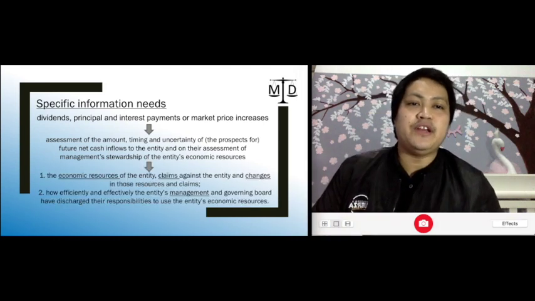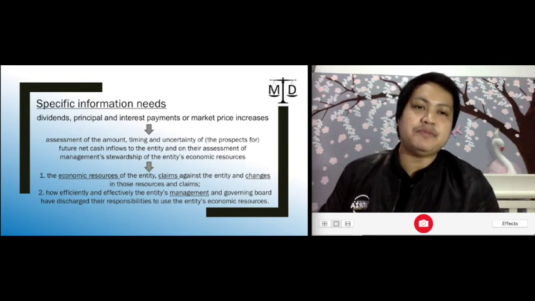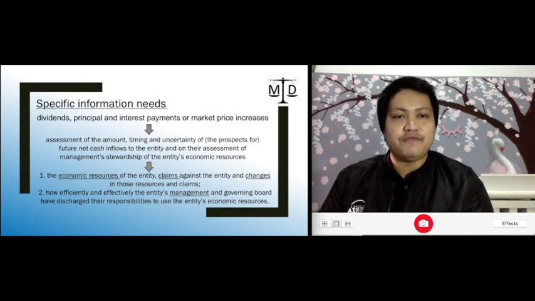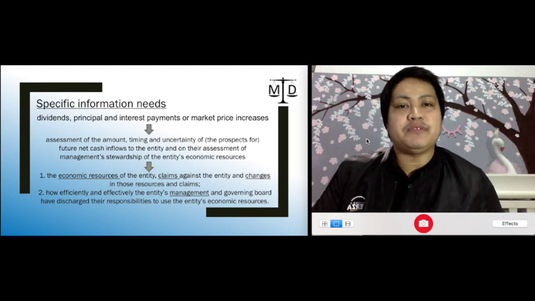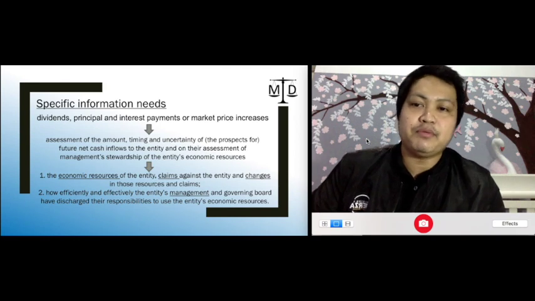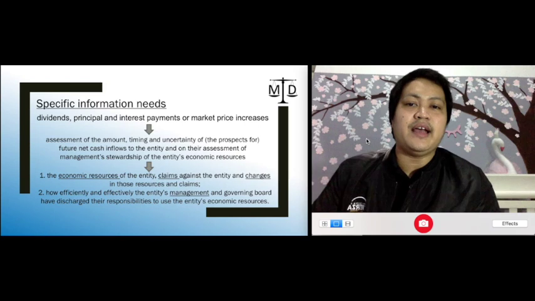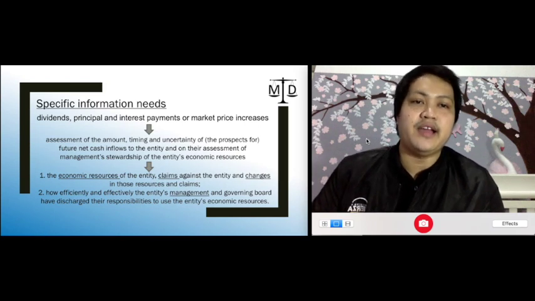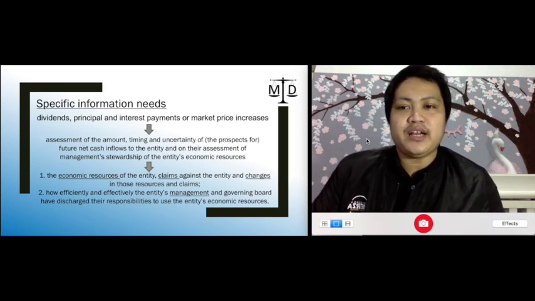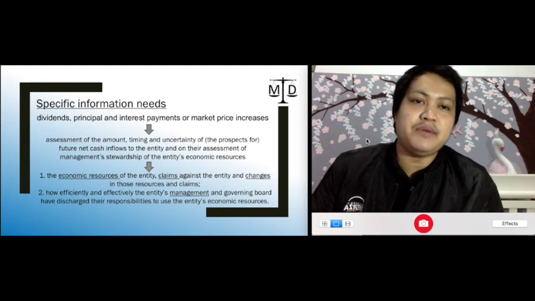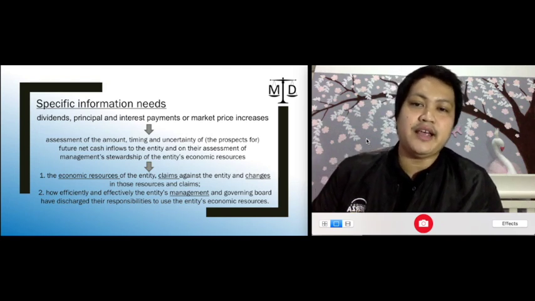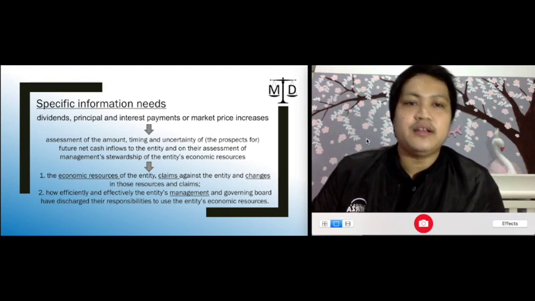How then do financial reports satisfy the specific information needs of our financial statement users? The specific information needs of our financial statement users are satisfied when your financial reports provide information about the economic resources of the entity and the claims against the entity. To some extent, we can refer to economic resources simply as our assets and the claims against the entity as our liabilities.